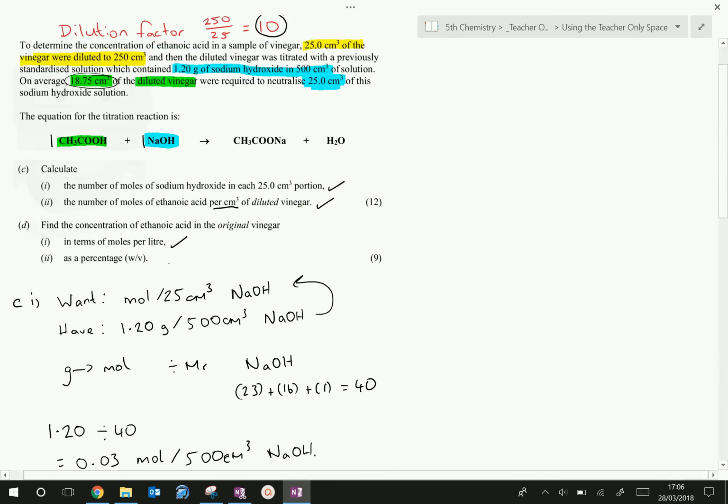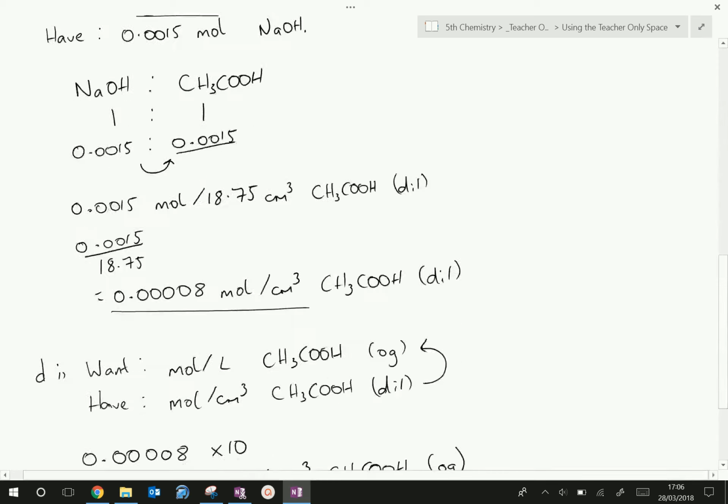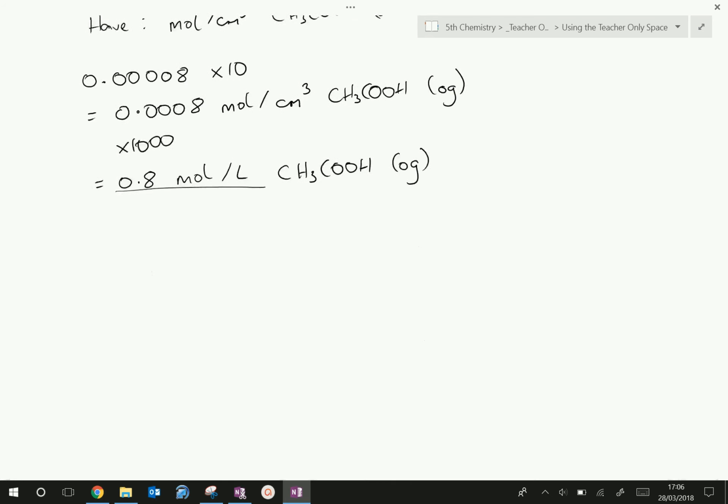For D part 2, it wants the concentration of ethanoic acid in the original vinegar as a percentage weight per volume. To work out a percentage weight per volume, we're just going to write down what that actually means. That means grams per 100 ml. So I need to take the moles per litre and convert it into grams per 100 ml.